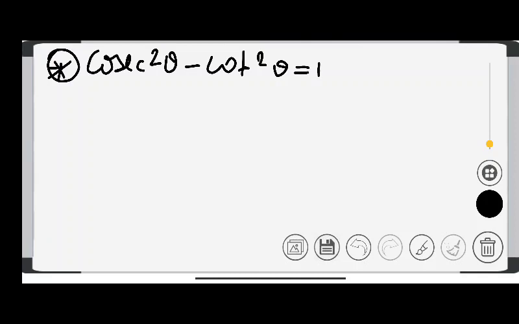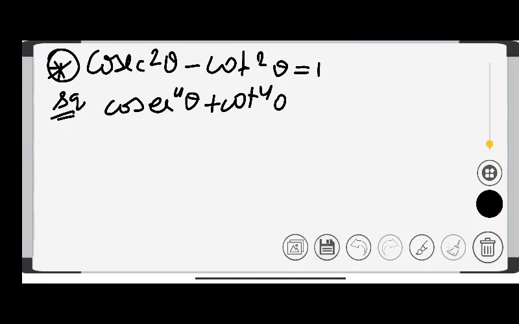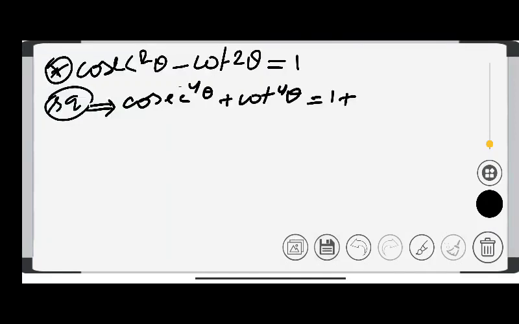If I square both sides, I find cosecant power 4 theta plus cot power 4 theta is equal to 1 plus 2 cosecant square theta into cot square theta.